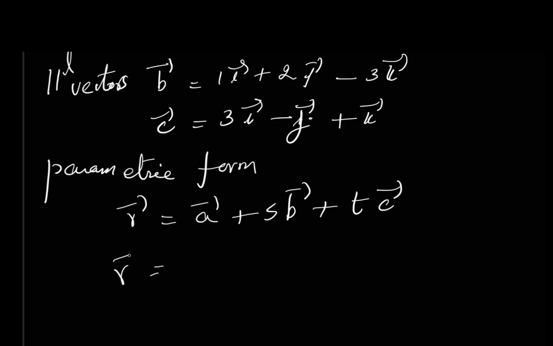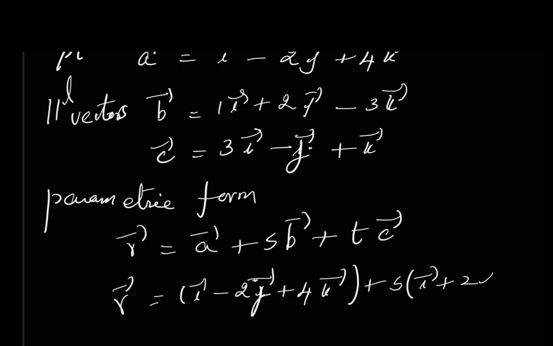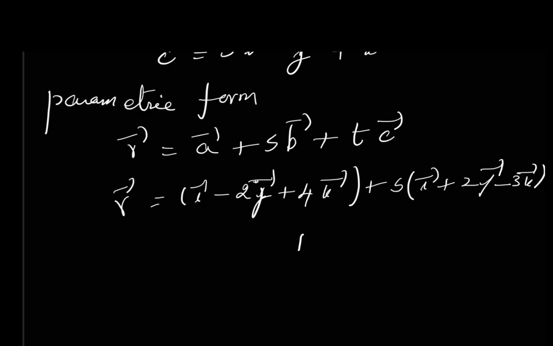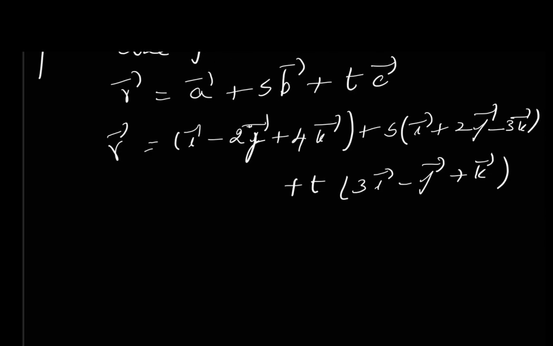Vector R is equal to i minus 2j plus 4k plus S into vector B, i plus 2j minus 3k, plus T into vector C, 3i minus j plus vector k. So, this is the parametric form. Next is non-parametric form.